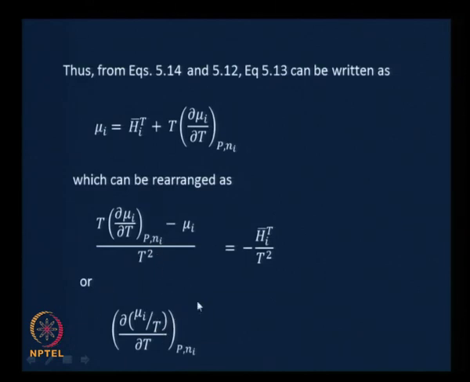And that is the derivative ∂(μ_i/T)/∂T at constant P and n_i equals minus H_i^t hash by T squared. We will call this equation 515.